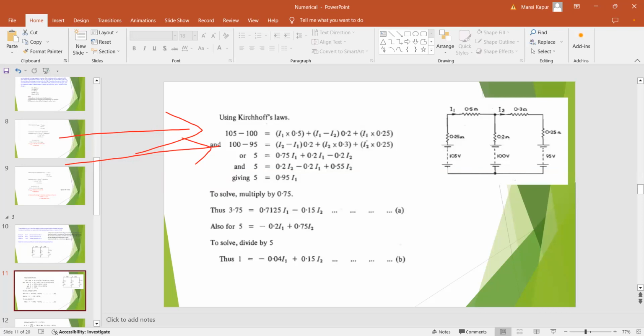And when we are calculating from this side, we are assuming that the value of I2 is bigger than I1. Okay, so I2 minus I1 into 0.3 into I2, then 0.25 into I2, correct? Yes, correct.